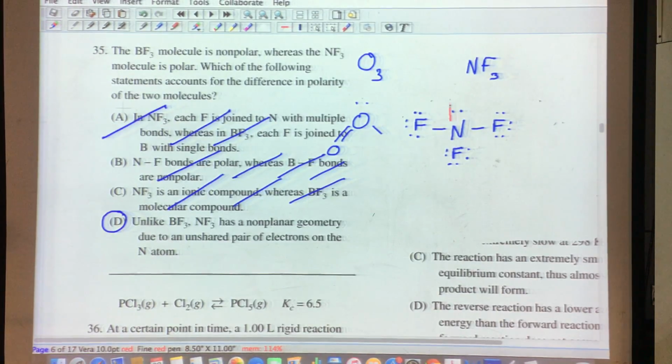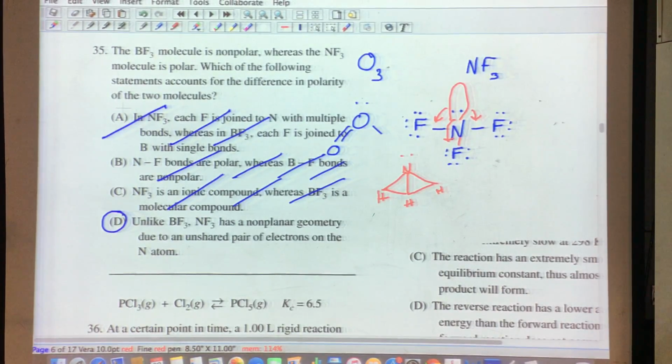This lone pair does what? Pushes these bonds that were in a nice tetrahedral formation downward into basically the top of a 3-sided pyramid. So we go trigonal pyramidal. And these F's are being pushed downward into an asymmetrical shape.